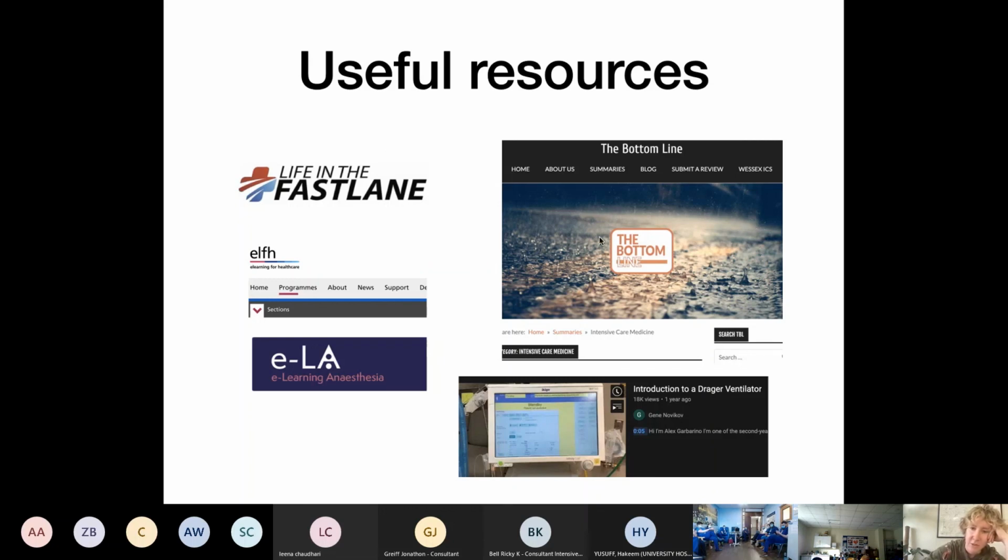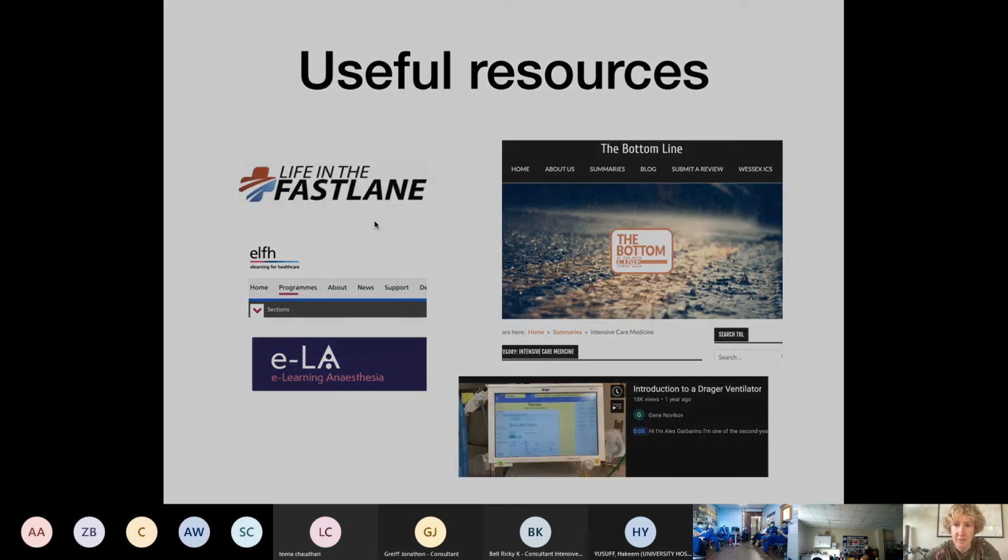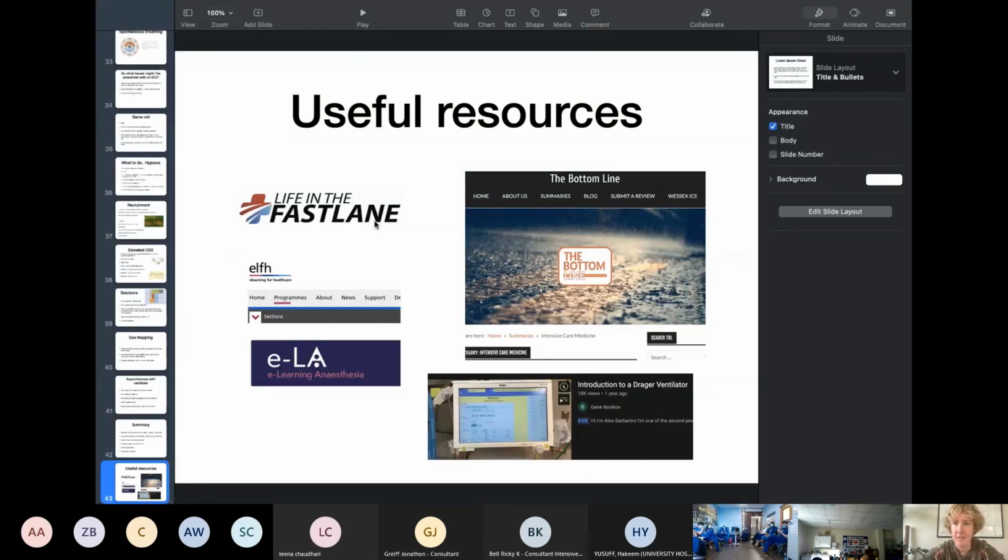And then YouTube or proprietary booklets supplied by ventilator manufacturers can be pretty helpful for understanding the unique idiosyncrasies of that particular ventilator, or trying to learn a bit more about how they work or how you can troubleshoot or change stuff. I think that's it.